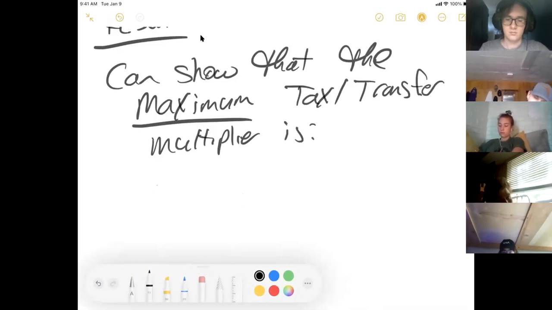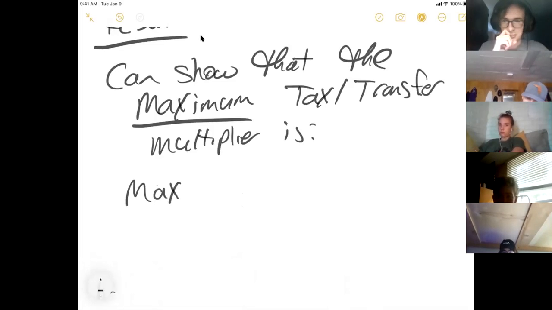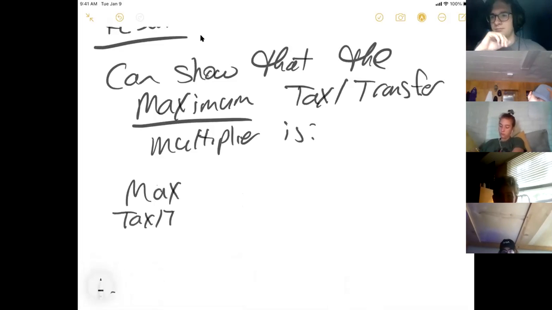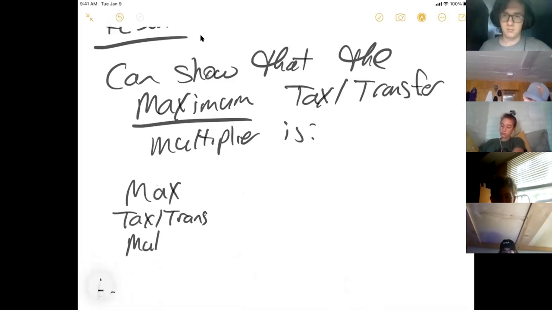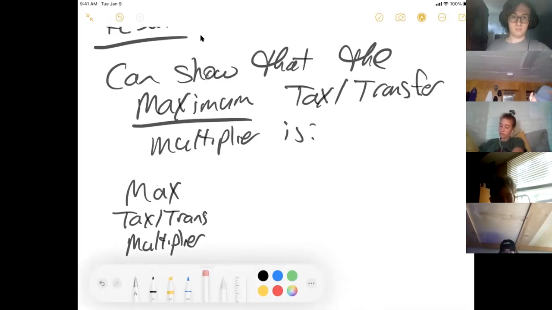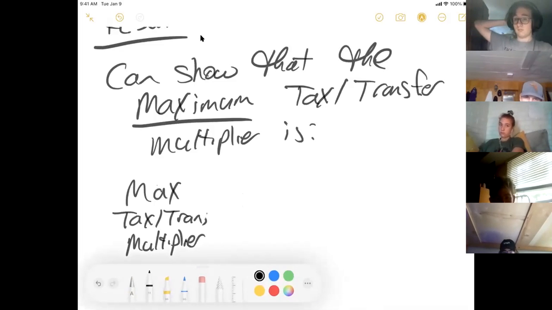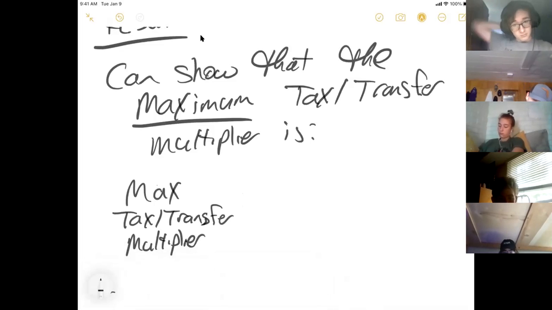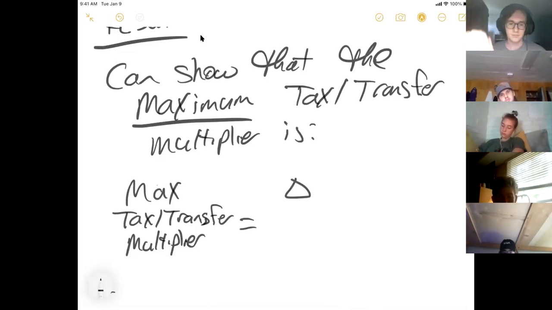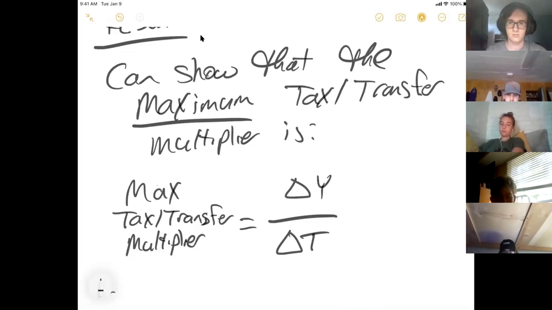Sorry, I'm struggling with my skills here. The maximum tax transfer multiplier is the change in output divided by the change in either taxes or transfers.